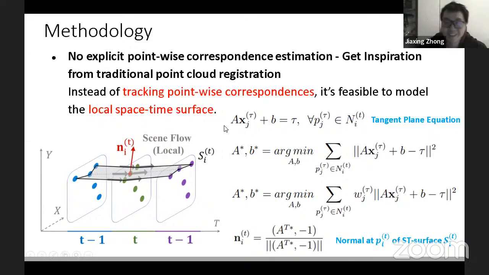And the notation I, what does it mean? Like NIT. We just would like to separate the concept between one certain point and its neighbors. I means that specific point, and N means its neighbors.